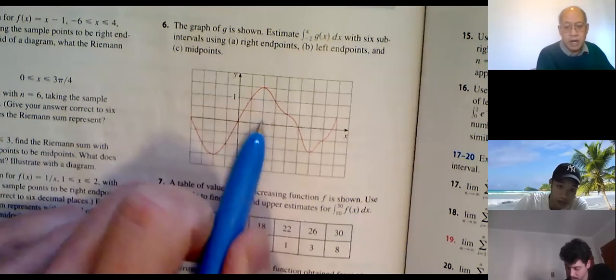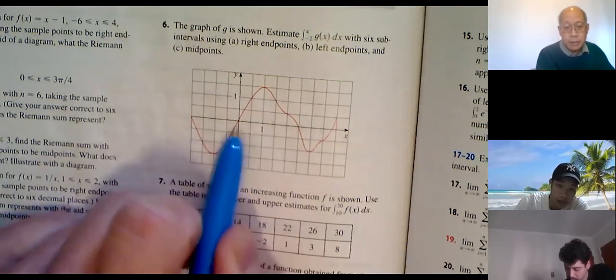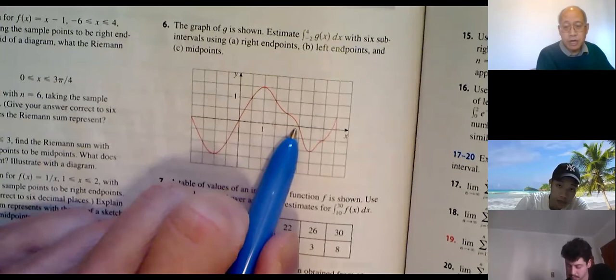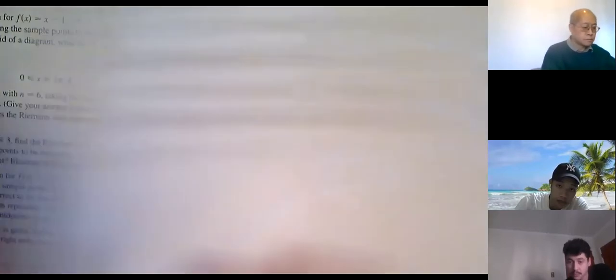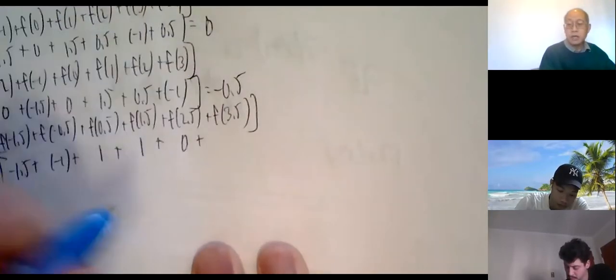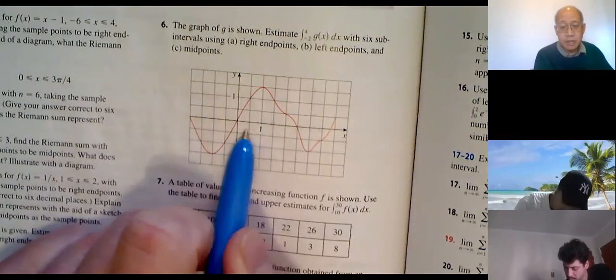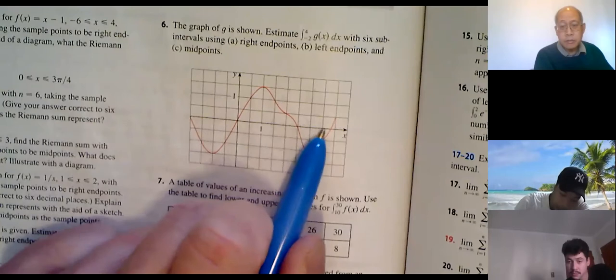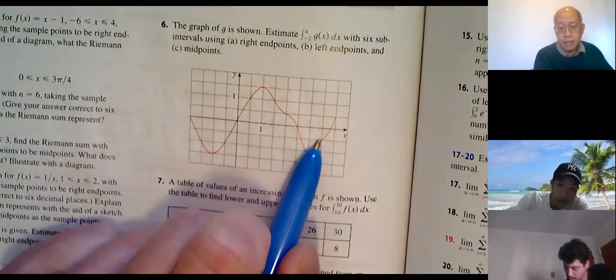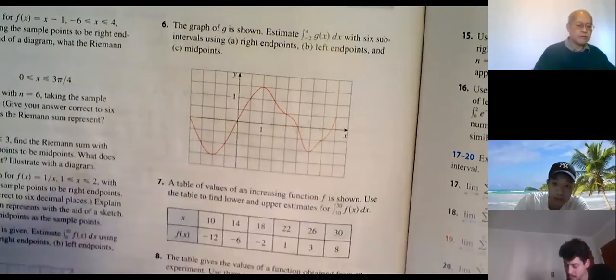F of 2.5, let's see, that's 1, that's 2, this is 2.5, 0. And finally, f of 3.5, where's 3.5, let's see, 1, 2, 3.5. I'm down here, so -0.5.